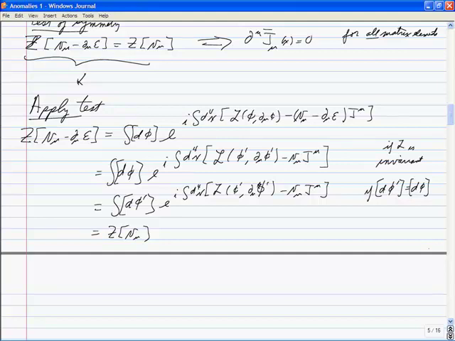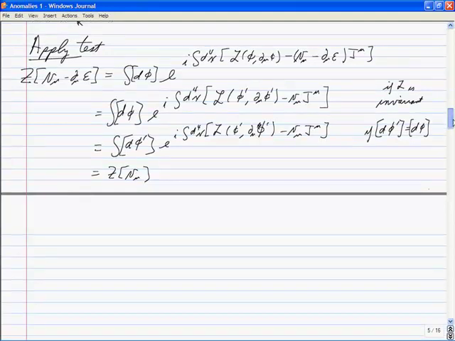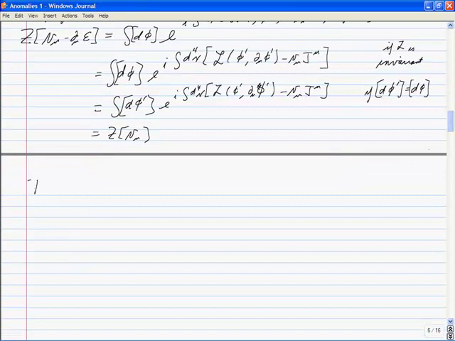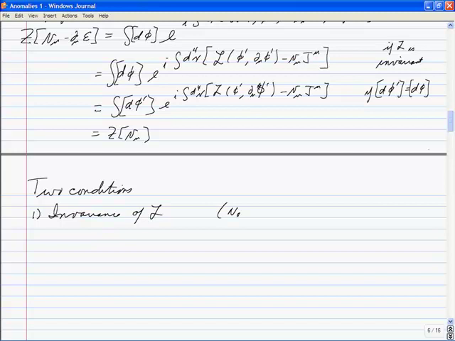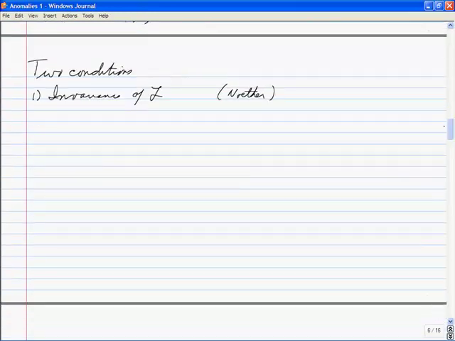Given the invariance of the Lagrangian, we've passed our symmetry test, so all matrix elements are there. The trick is we now have two conditions. One is the usual Noether's theorem one, invariance of the Lagrangian. That's what Noether would say.